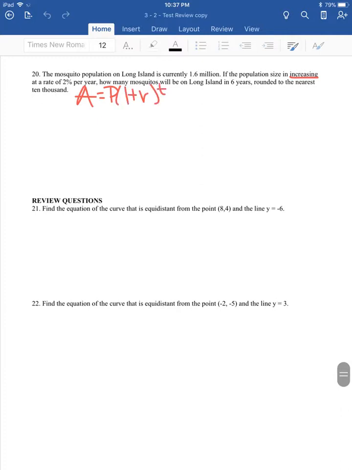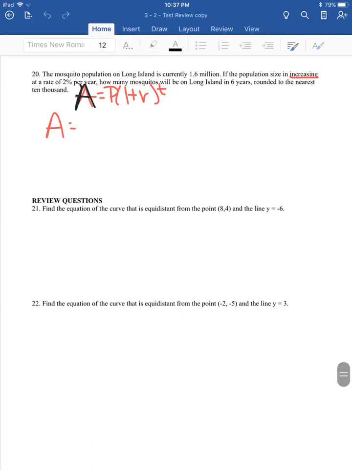So I need this formula. Okay, my question is asking how many mosquitoes will be on the island. So I'm looking for A. Okay, so I should plug in for everything except A. So this is actually going to be kind of nice because now I don't need to use logs for this. So my initial amount is 1.6 million.